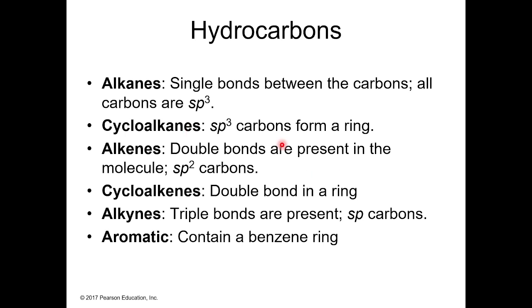Okay? And so double bonds are present. That means that you have at least 2 sp2 carbons. Okay? Because the double bond has to be sp2 carbons. Because the double bond takes up a p orbital from each carbon. So there's not a p orbital to mix in the hybridization, right?